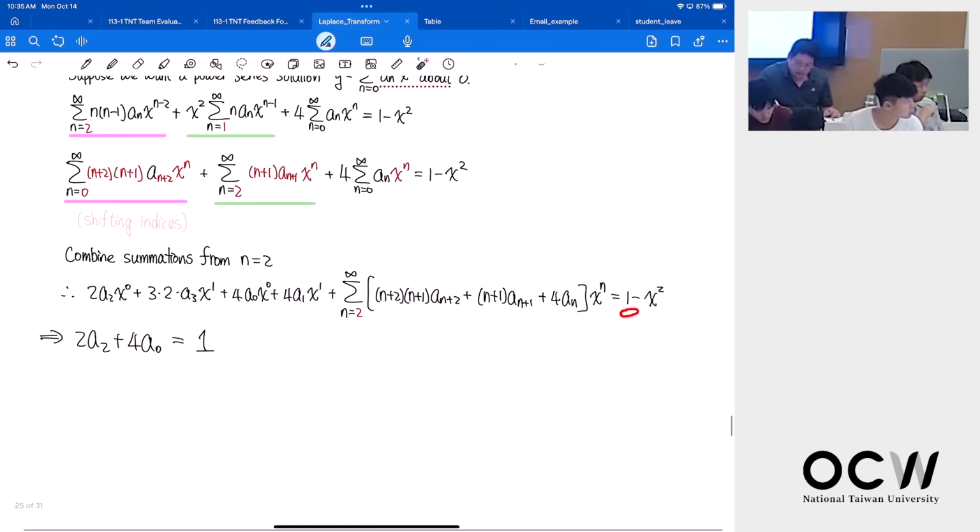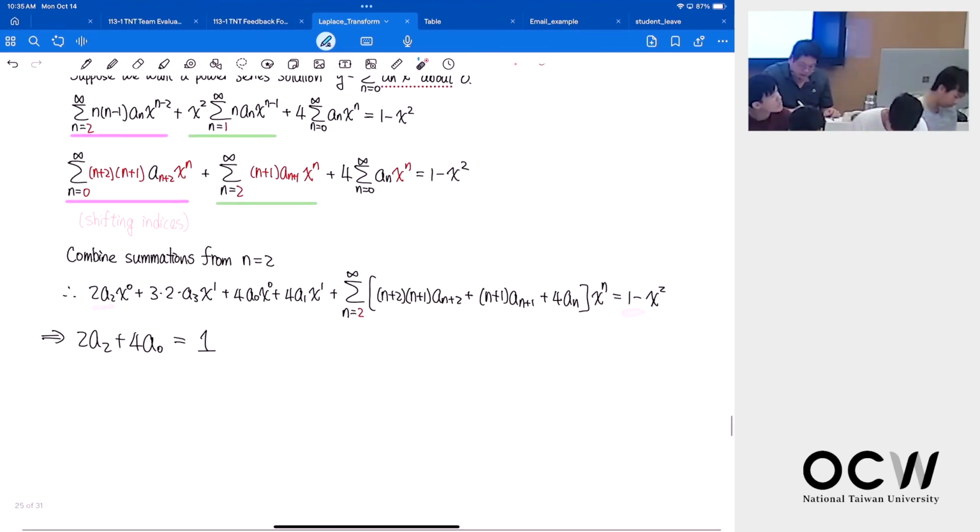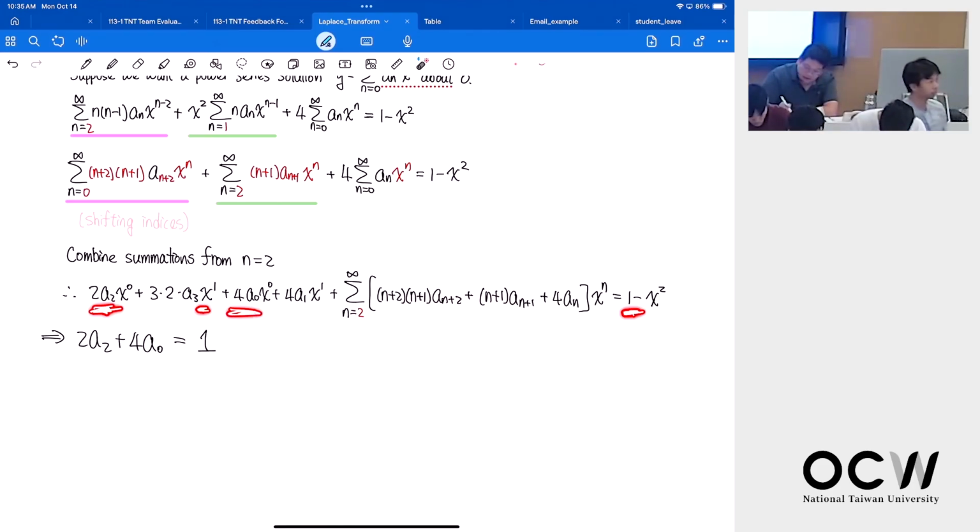Okay, so this one should be here. And for x to the 1, I don't have x to the 1 here, so it should be 0. So 6a3 plus 4a1 is 0.